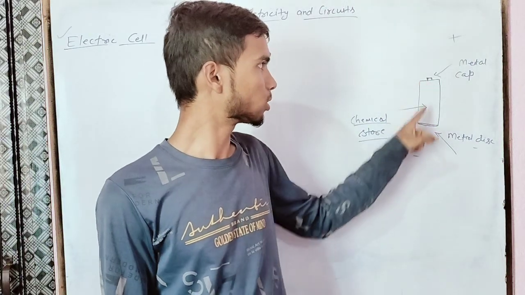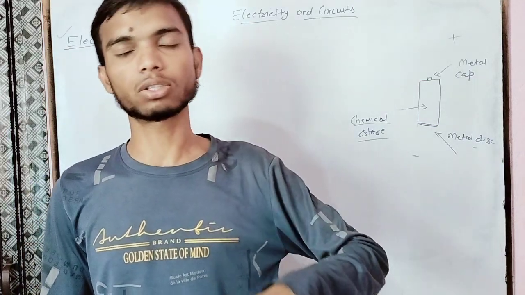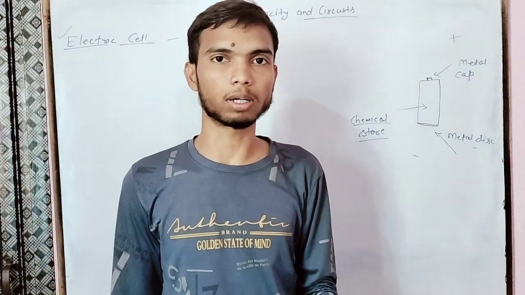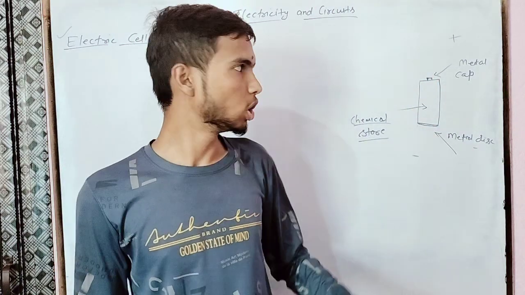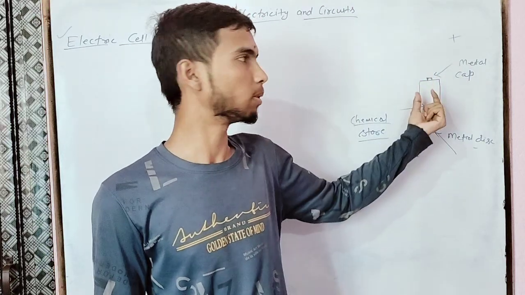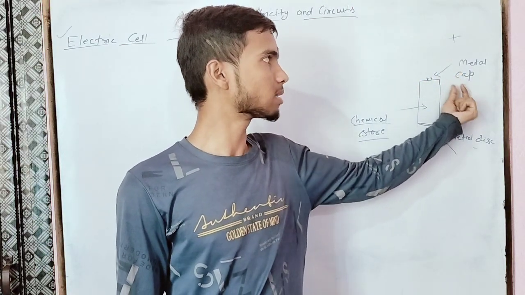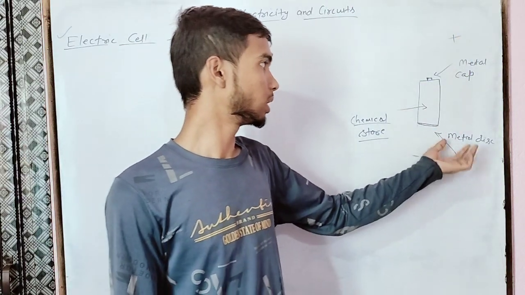As I told you, both terminals at the ends will be made of metal. This side looks like a cap, so you can remember that this is a metal cap, and it will be known as the positive terminal.